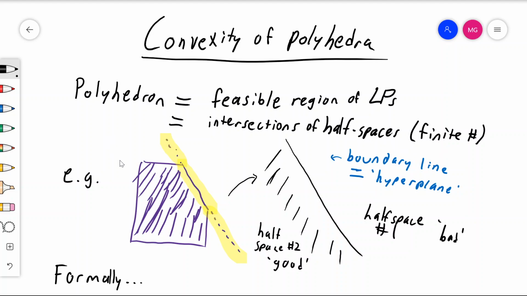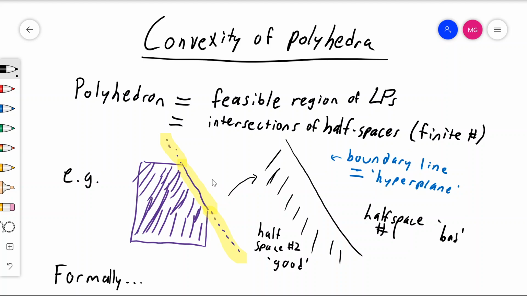So we saw, for example, this purple shape here was the set of points that were feasible for that example linear program we had in the previous video. And if you just take a look at one specific constraint, that is corresponding to an individual less than or equal to constraint, and visually what that looks like is a line here, geometrically speaking.